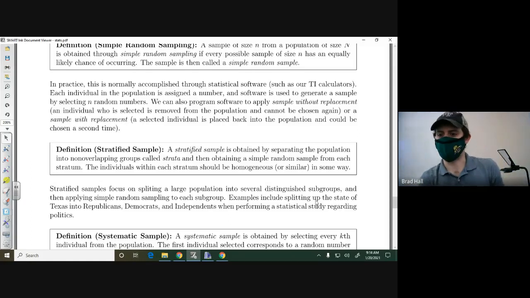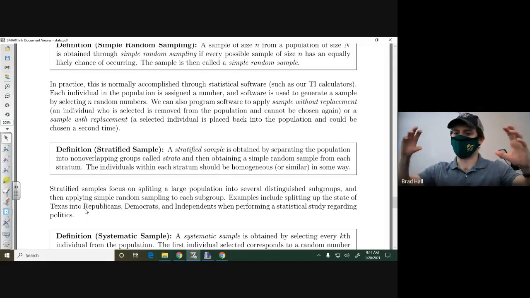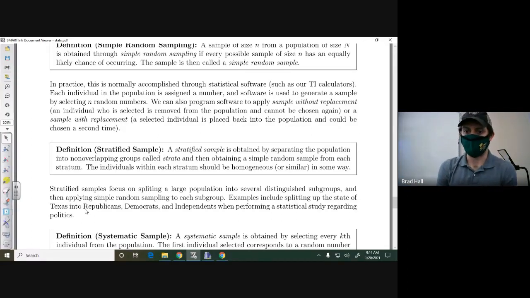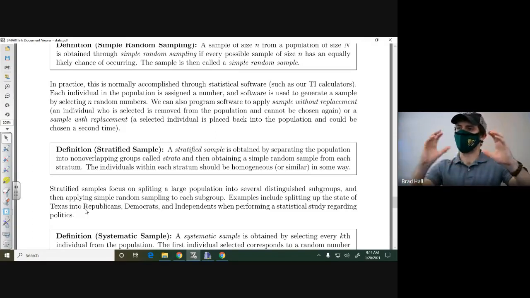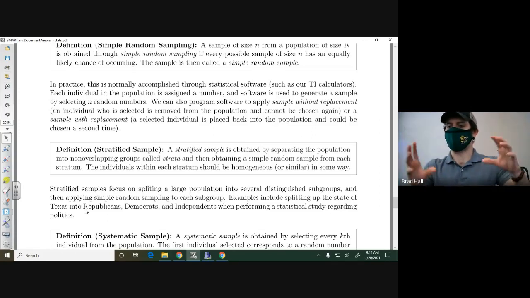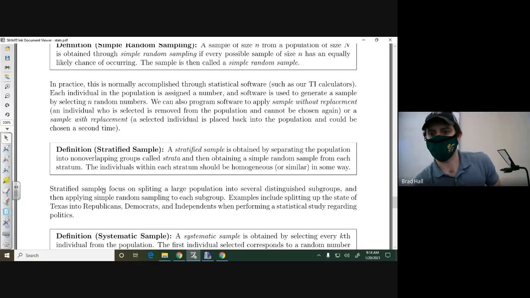One example: if you interview people in the state of Texas on what they think of a certain political policy, it may be better to split them up first into Republicans, Democrats, and independents, people who will probably have very different views on something regarding politics, and then you perform the statistical study on the subgroups that you just created. Then you obtain simple random samples from each one of those groups. So that's stratified.